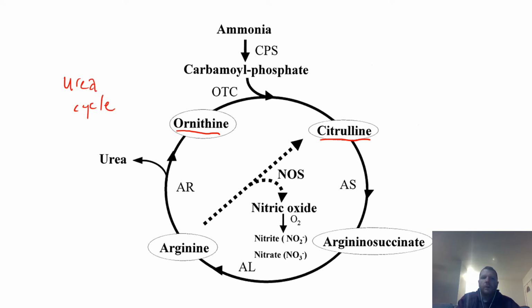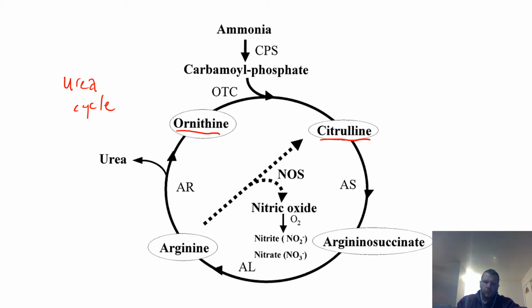If you remember, ornithine is an amino acid, and you're going to combine that with a carbonyl carbon and the nitrogen, and you're going to make that citrulline.